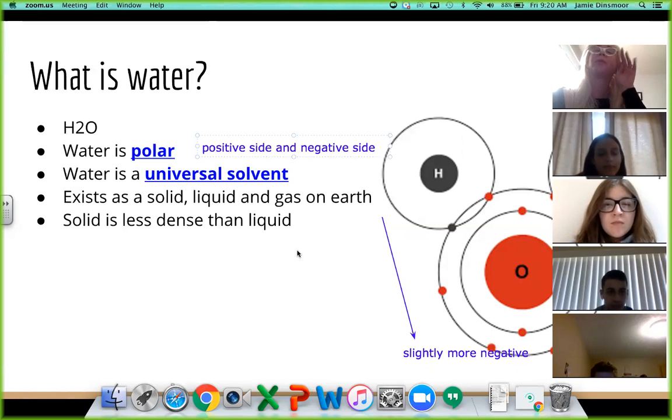Metals, for example. So think about if we took like a watch, right? And it's made out of metal. It's a nice solid, it's very dense. If you melt it, right, and it's a liquid, the solid would still sink in the liquid, right? The solid is still more dense than the liquid. Whereas with water, the ice actually floats on top of the water, which is also a big deal.